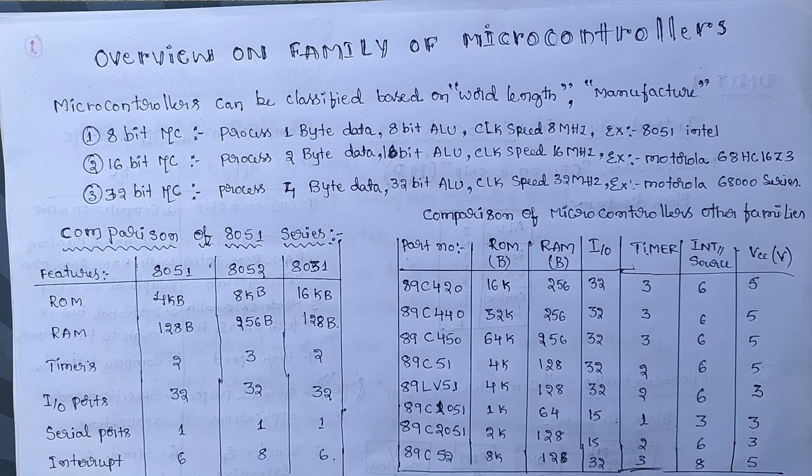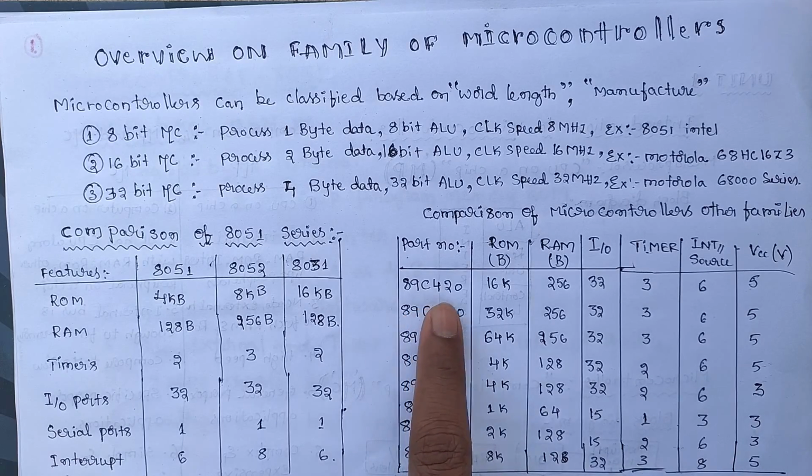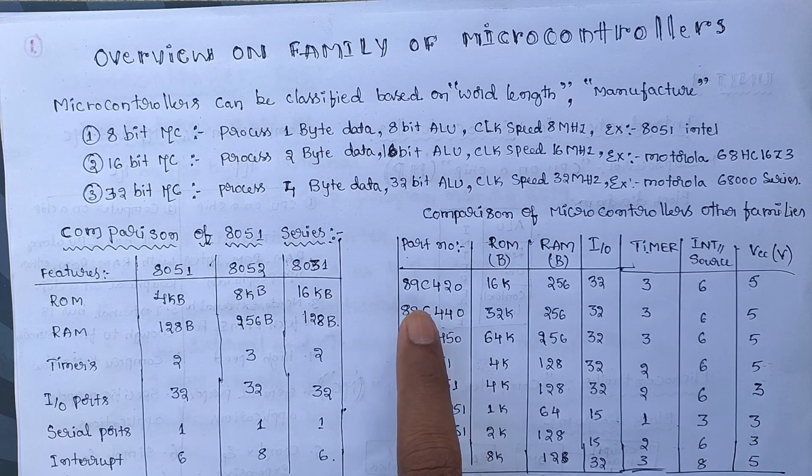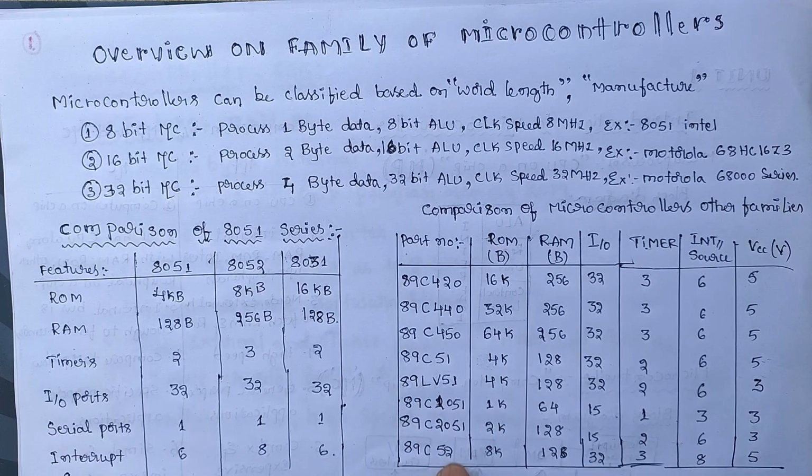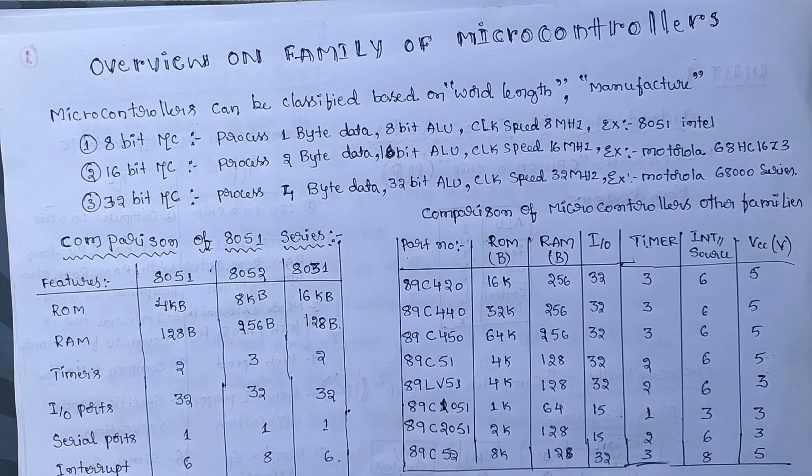Similarly, there are other microcontroller families like Maxim and Atmel. This is a classification based on the manufacturing unit, where each manufacturer has different part numbers. The 89C42 is of the Maxim microcontroller family, and the 89C51 and 89C52 are considered the Atmel family.